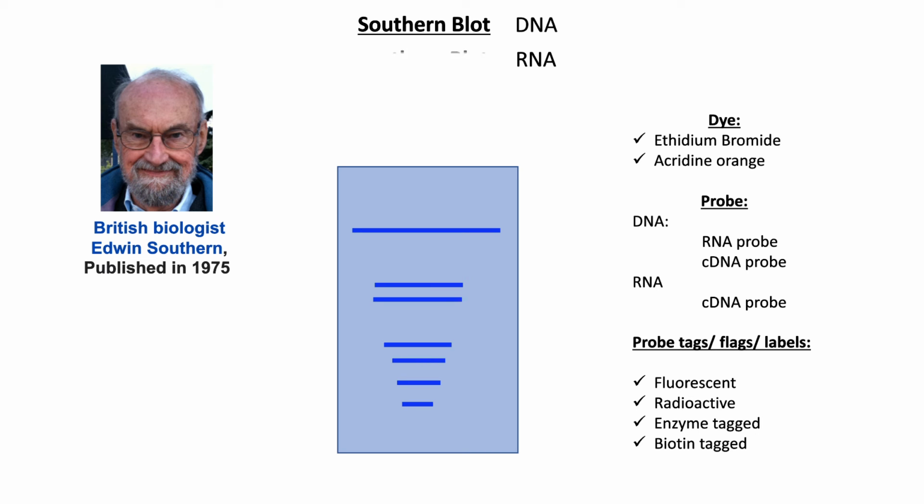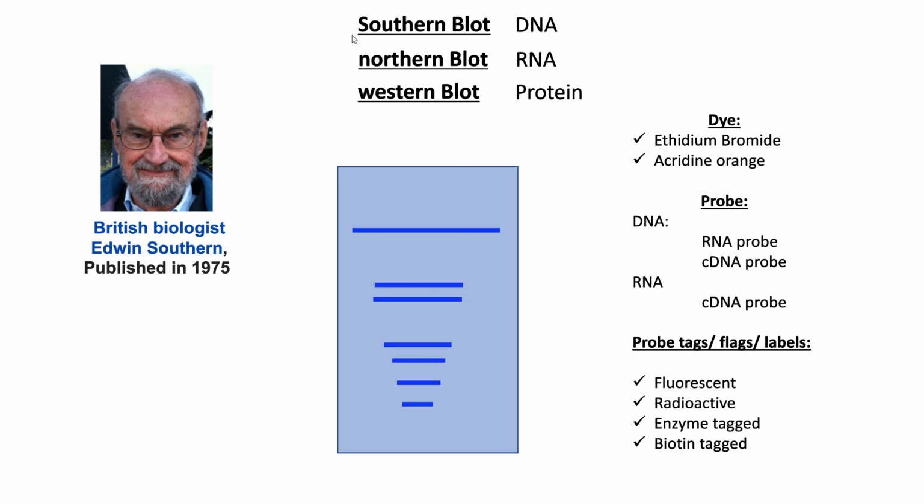Then the same technique was applied for RNA. It was given the name Northern blot. The same technique, when it was applied for protein analysis, it was given the name Western blot. So Southern blot for DNA, Northern for RNA, and Western for protein. The original name Southern is coming from the name of the scientist. That is why S is capital here.